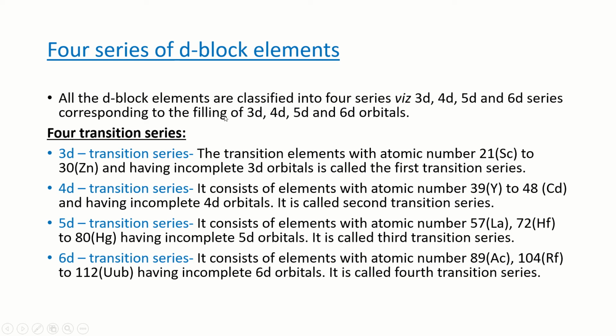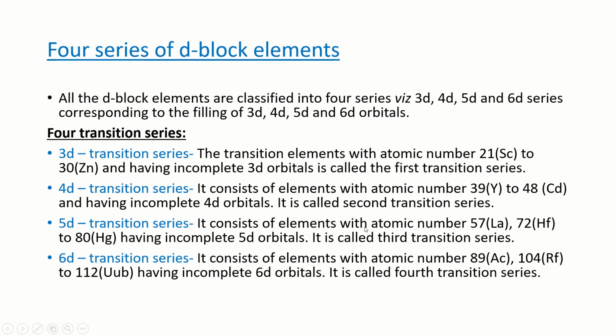First is the 3d transition series, which starts from atomic number 21 to atomic number 30, zinc, having incomplete 3d orbital except zinc. Second is the 4d transition series, consisting of elements with atomic number 39 to 48, incomplete 4d orbital except cadmium.